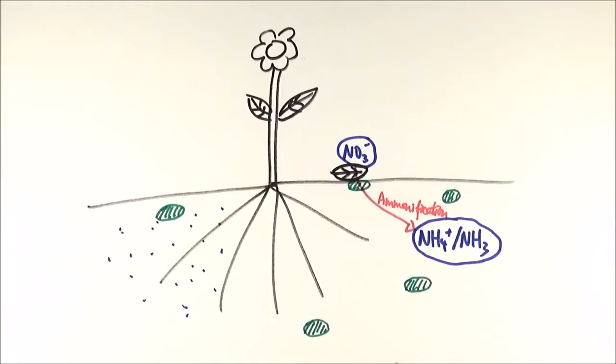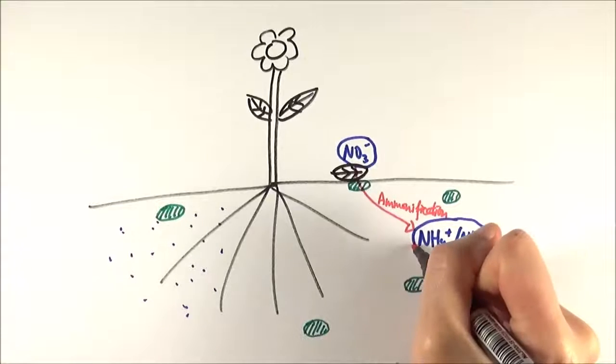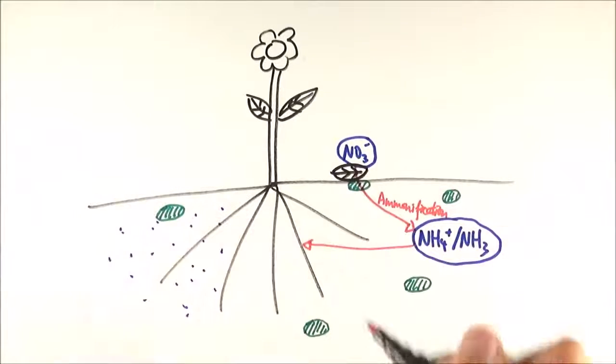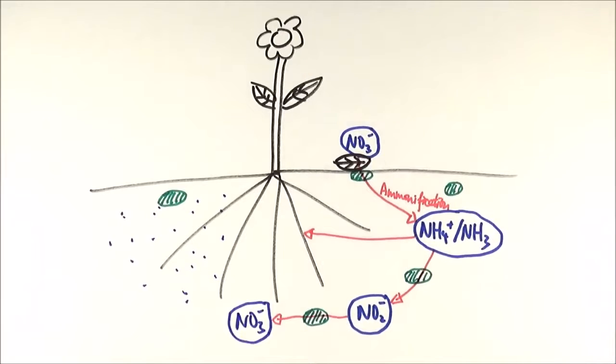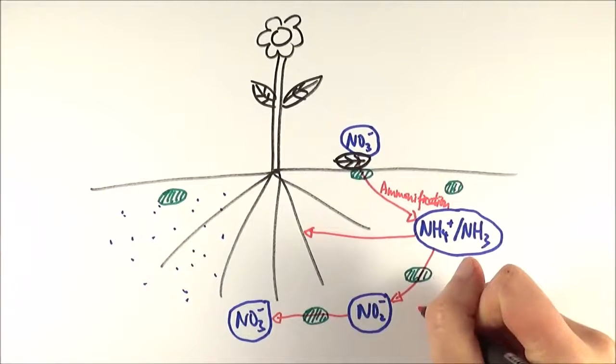The ammonium can either be absorbed directly into the plant by diffusion or active transport, because the plant can actually use the chemicals to make amino acids, or the ammonium ion can be converted to nitrite, which is NO2-, and they do this by the bacteria here called Nitrosomonas. And the nitrite ion can be converted into nitrate ions through another bacteria called Nitrobacter. And this entire process is called nitrification.